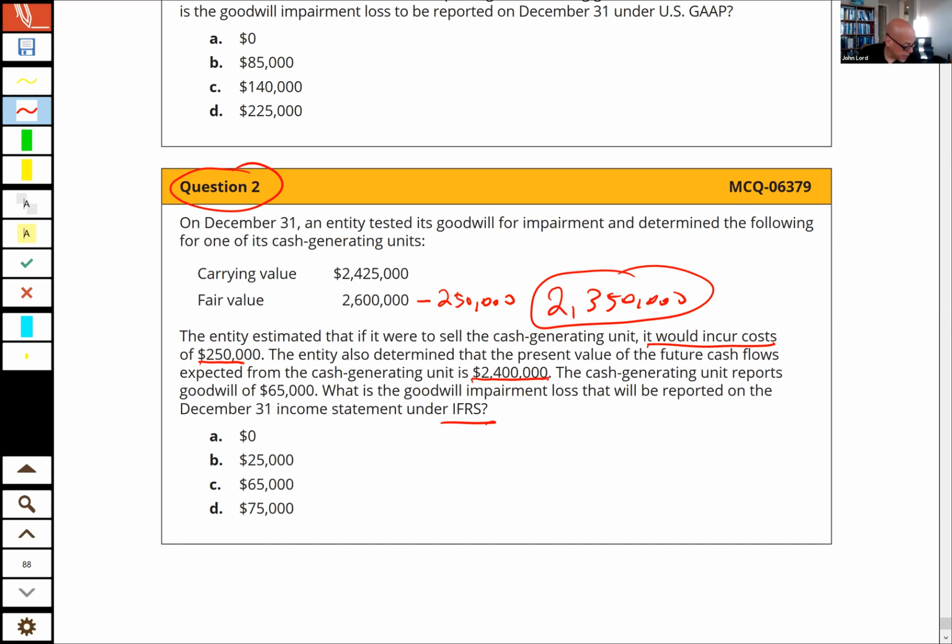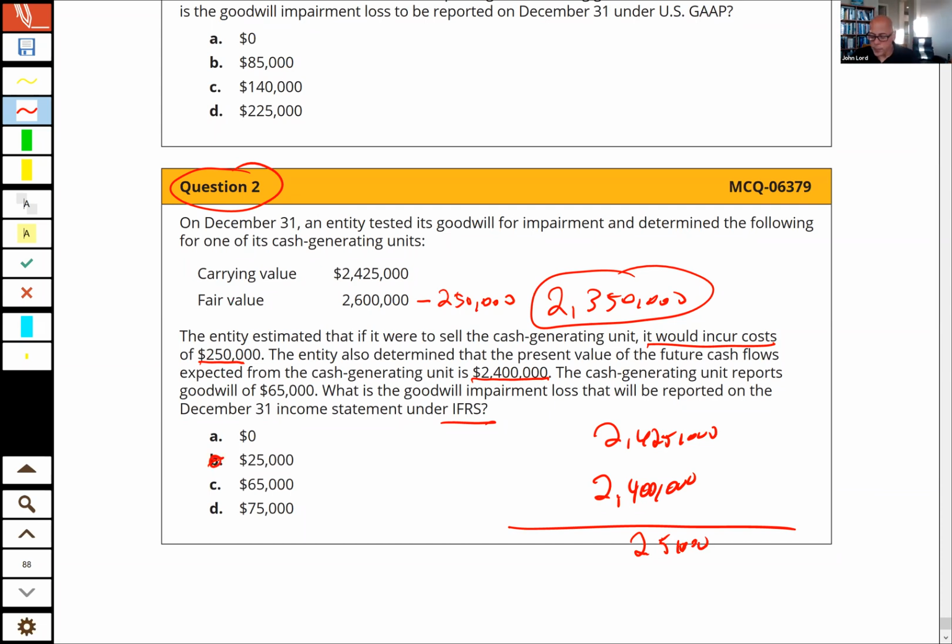I determine that 2.4 is greater. So it's either the present value of the cash that's going to be generated or the fair value less cost to dispose. And then I look at what it's being carried at. It's being carried at 2,425,000. I make that comparison, and I've got a $25,000 impairment.